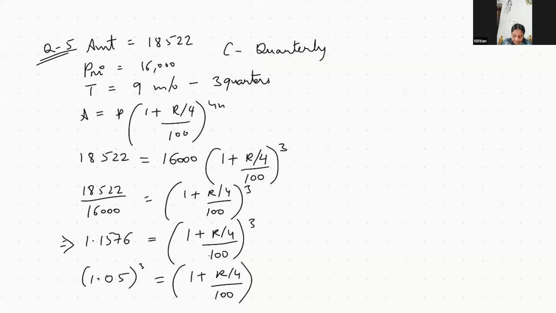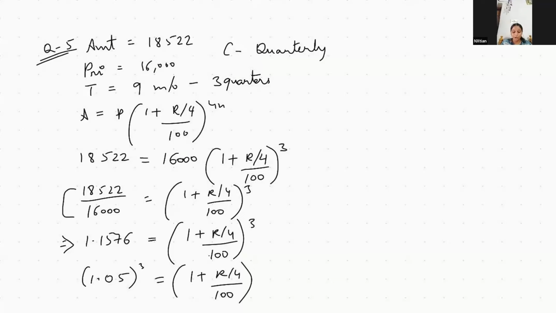Because first you cancel as much as you can, then you divide, and ultimately you will get 1.1576. And when you take its cube root, you get 1.05.